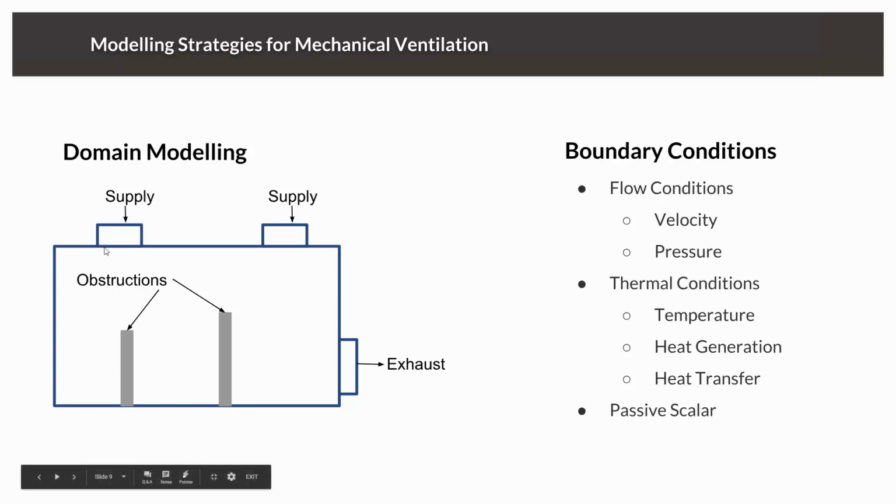In the end, when you want to play around with your model, that's what you can do. You have different obstruction and room designs, and you can play around with the position and the supply rate of the fresh air, and you can play around with the removal of the exhausted air.